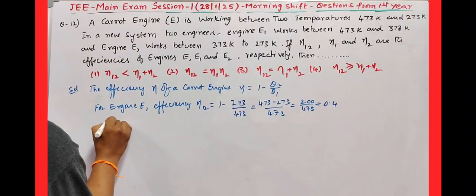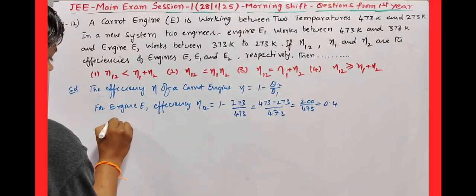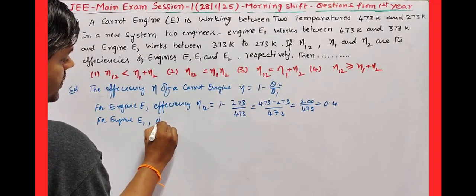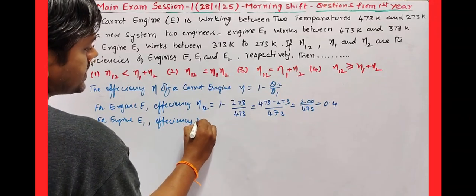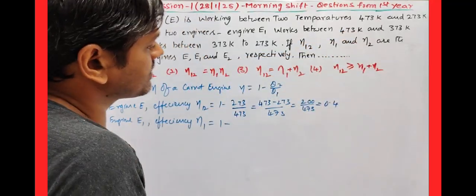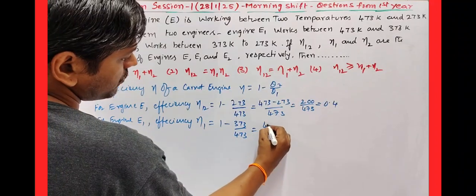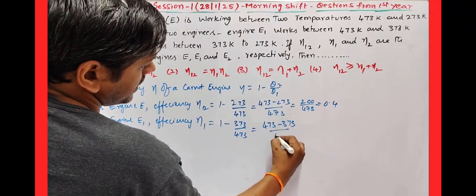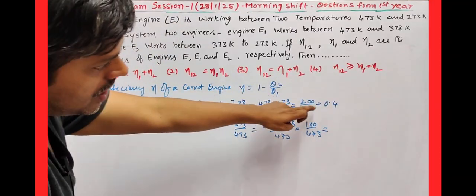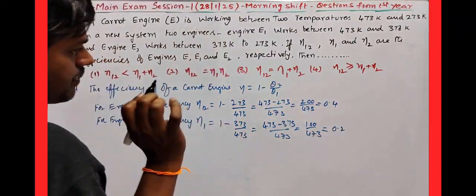Next, the efficiency for engine E1, working between 473 and 373. Eta 1 is 1 minus 373 by 473, equal to (473 minus 373) by 473, which is 100 by 473. It is half of that, approximately 0.2.